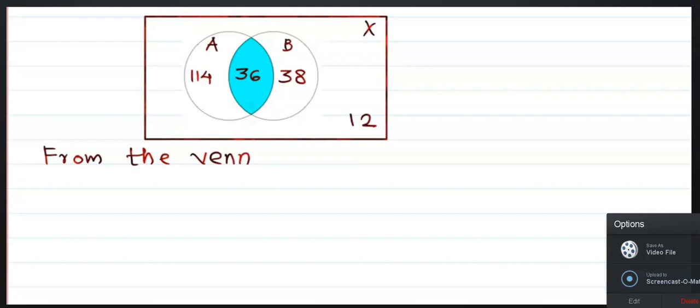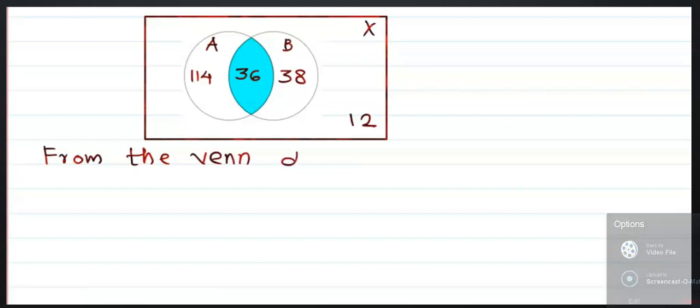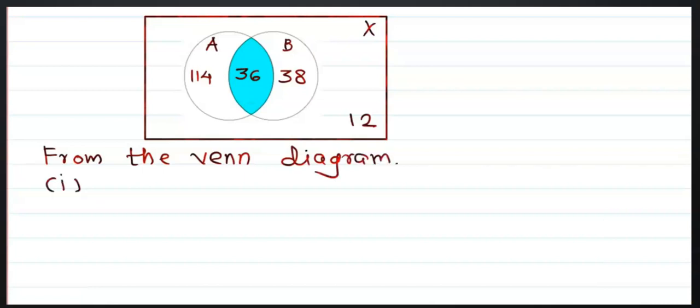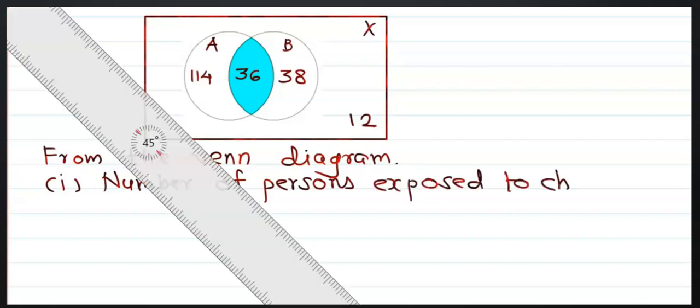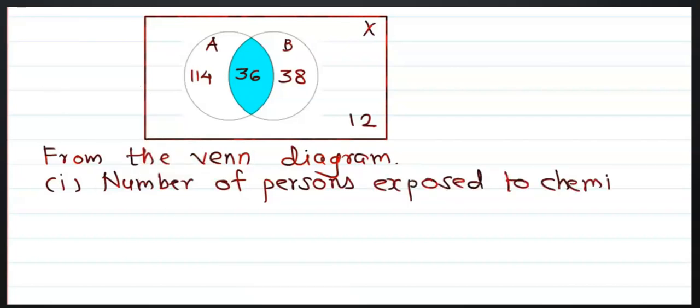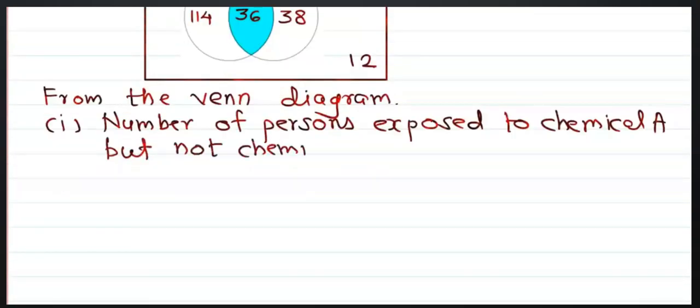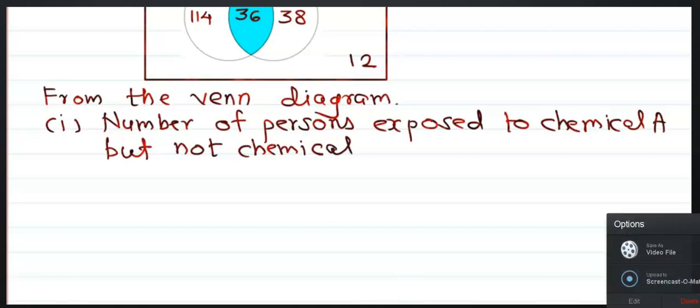From the Venn diagram, we will write here: the number of persons exposed to chemical A but not chemical B. Now there are only 114.